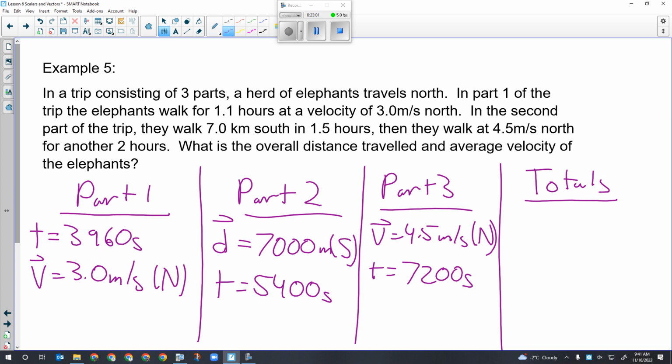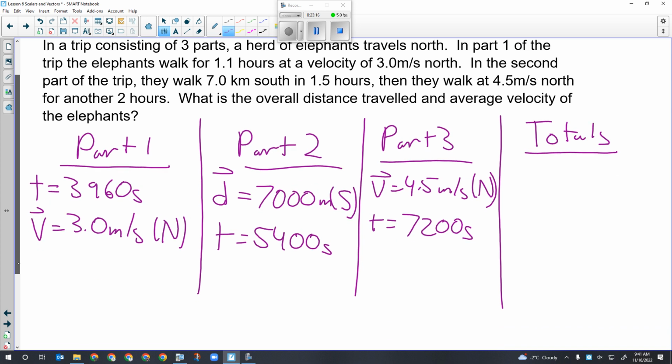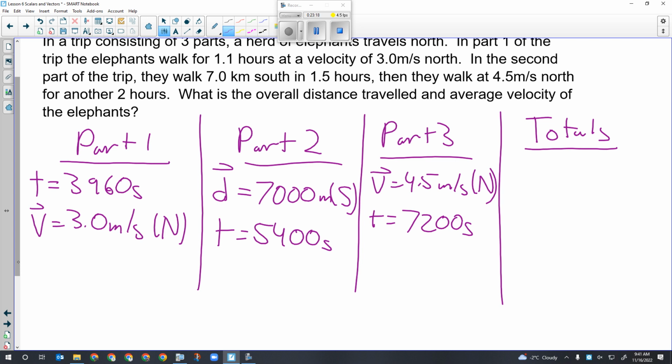If I want to calculate the overall distance traveled and average velocity, okay, I first need the distance for all 3 parts. Do I have that? No. So I've got to calculate that first. All right. So in part 1, I know V and I know T. So V equals D over T. Okay, and I'm solving for D, so I'm going to multiply both sides by T. So I'll have 3 times 3,960.